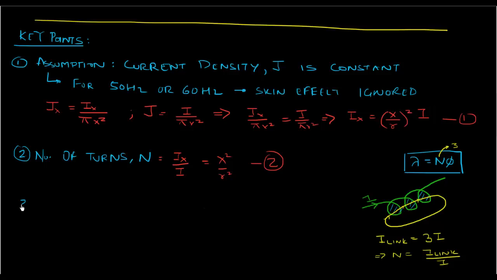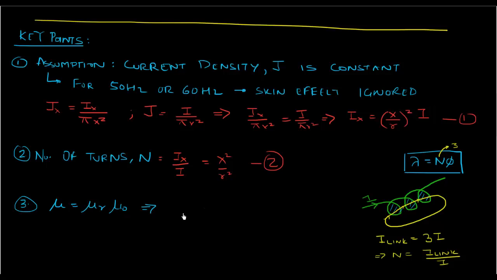Now let's look at another point before we go into our derivation. Mu is important again for us. So we remember mu is given as mu r times mu naught. Now mu r for non-magnetic materials is 1. Most of our materials that make up our conductor are things like aluminum, copper. These are non-magnetic materials. Even if you look up the tables, you'll see that mu r is basically 1.